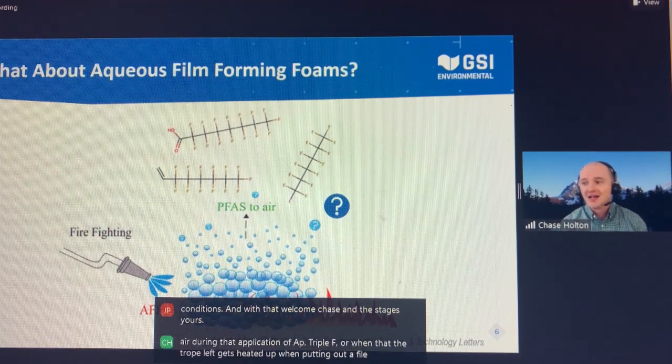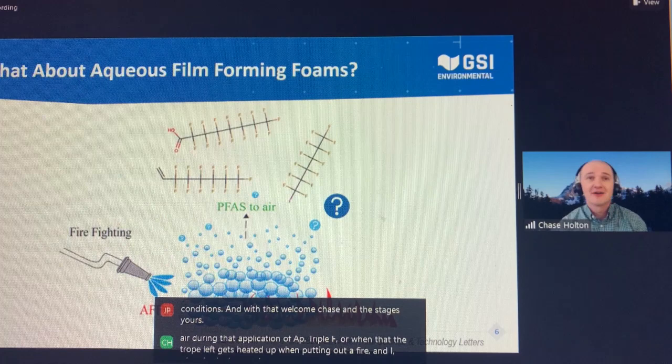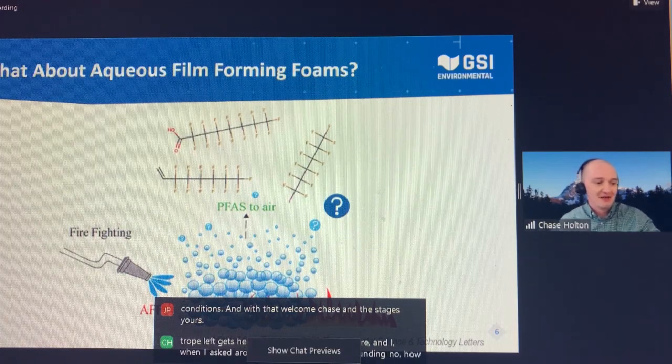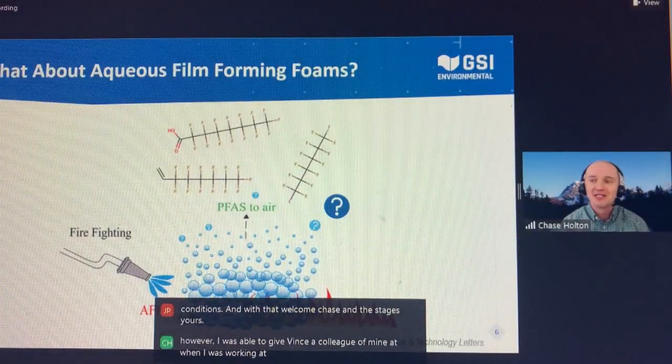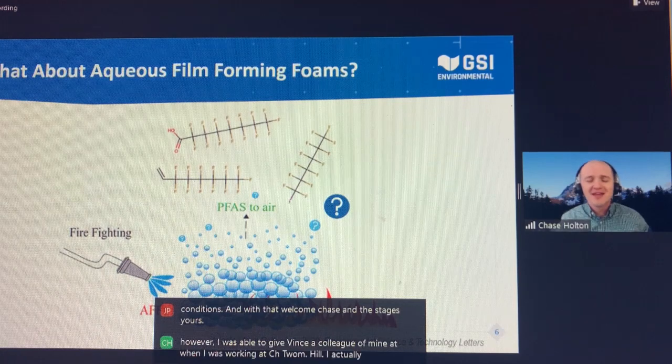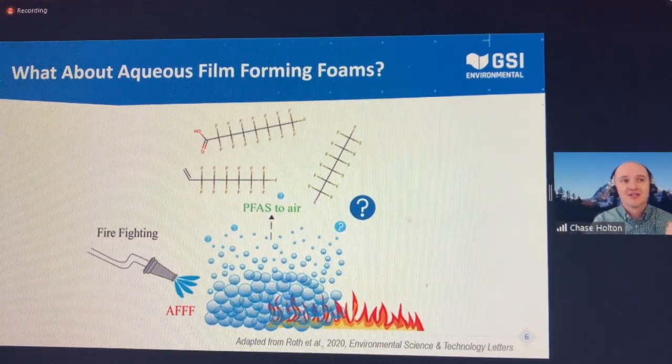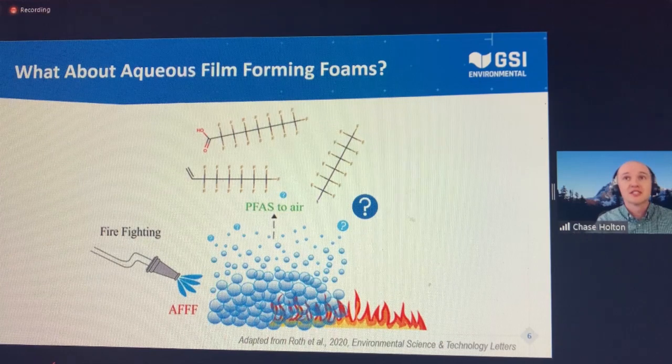When I asked around about this, I got a resounding no. However, I was able to convince a colleague of mine when I was working at CH2M Hill, actually it was Jacobs by then, and we convinced Jacobs to give us $5,000 to look into this, just very high level research. So this led us to this initial study.